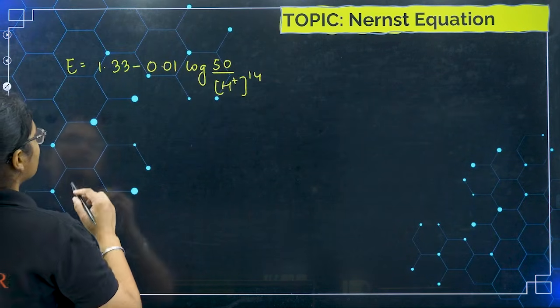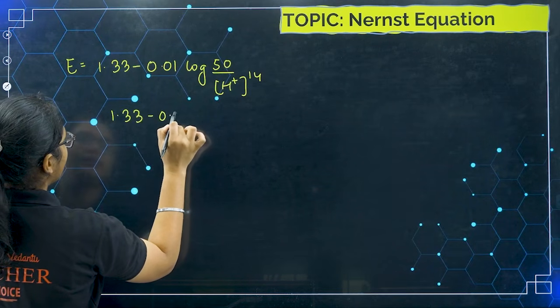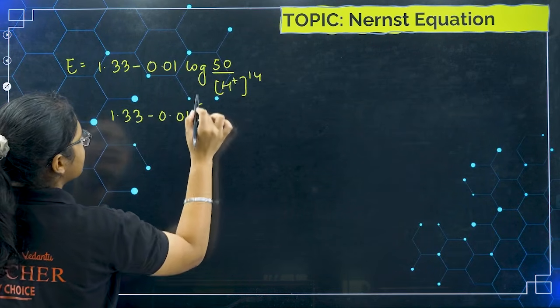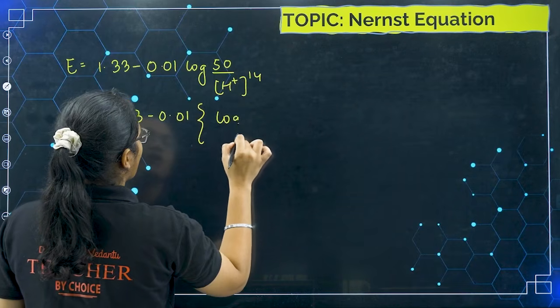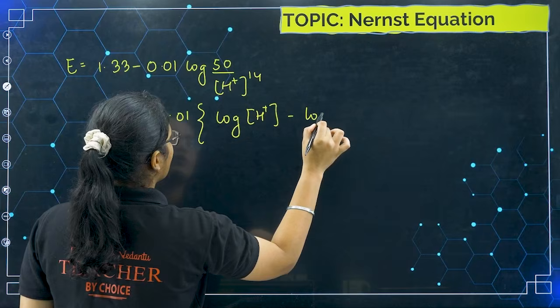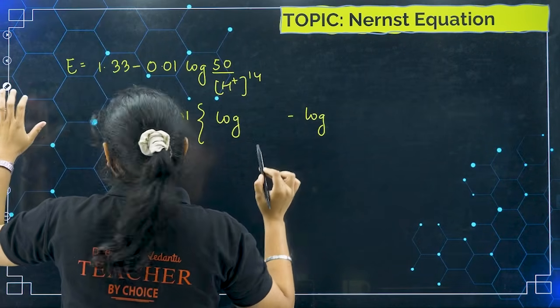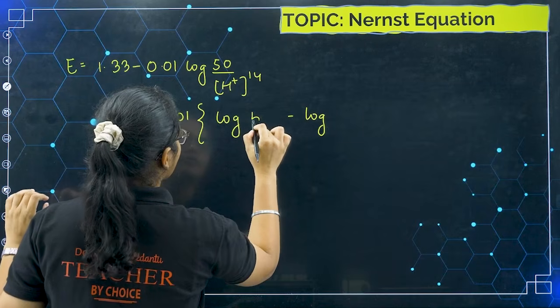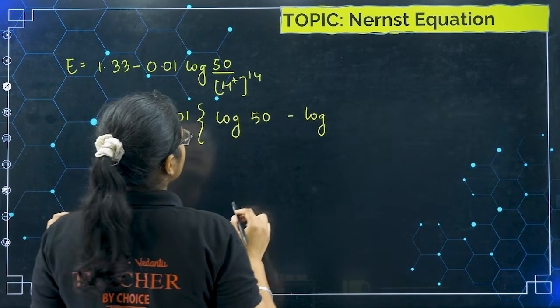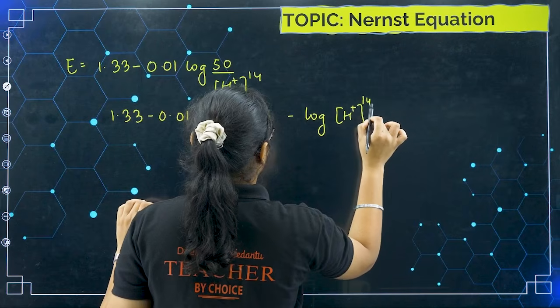So first of all we can write this as 1.33 minus 0.01, log of 50 minus log of H plus to the power of 14.